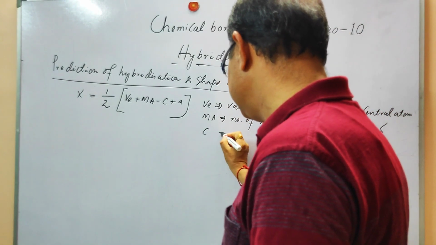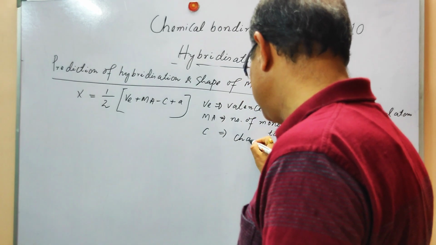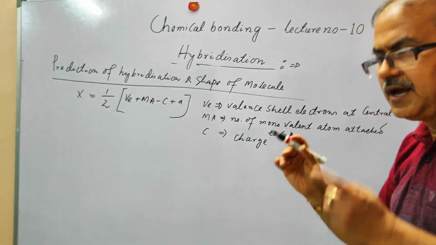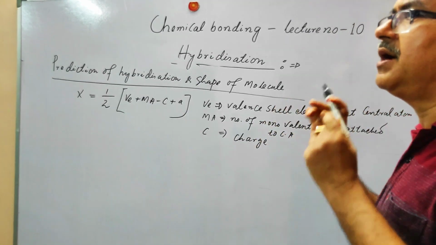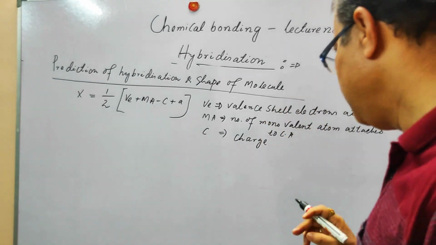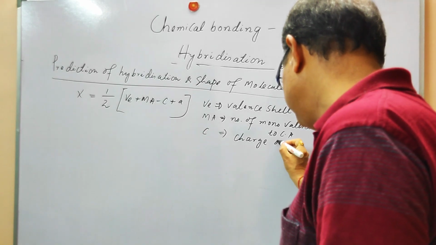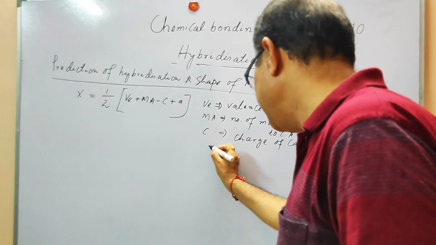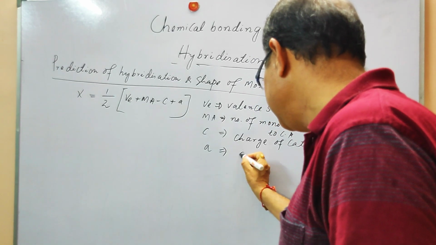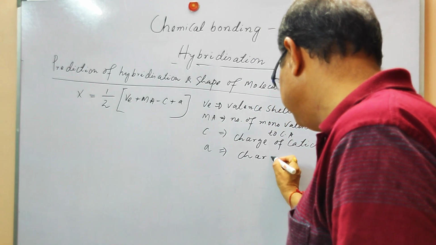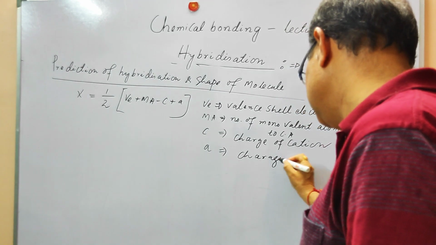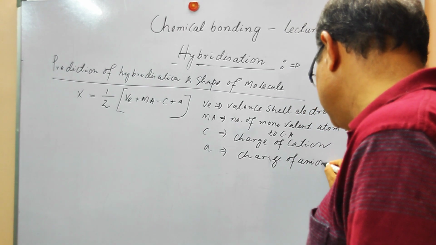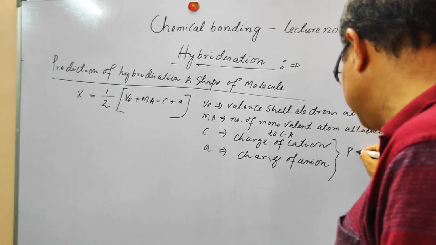And C is the charge of the cation. Suppose the species is a cation, the cation whose hybridization we want to understand, then C is the charge of the cation, and A is the charge of the anion, when those are polyatomic species.